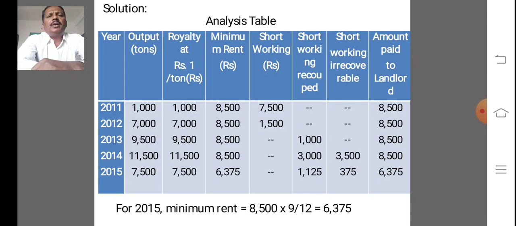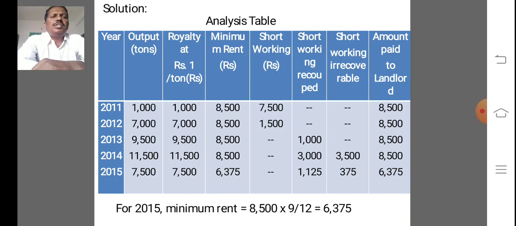So here: output, royalty, minimum rent, short workings recouped, short workings irrecoverable, amount paid to landlord. In the year 2011, 1000 tons into 1 rupee, 1000 is the royalty, but minimum rent 8,500 is more than royalty.